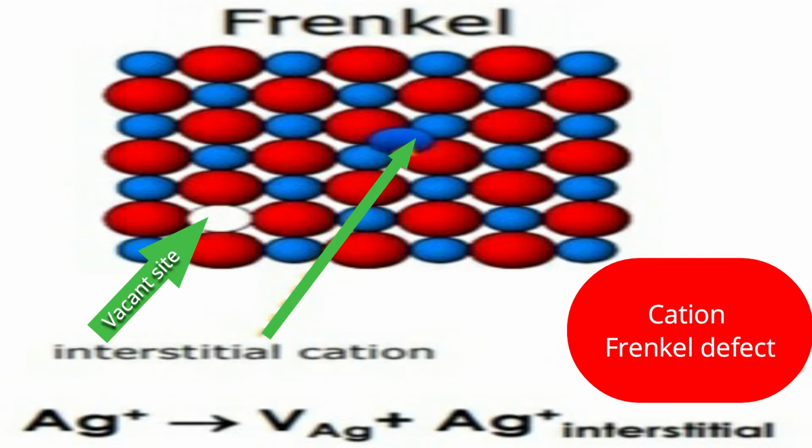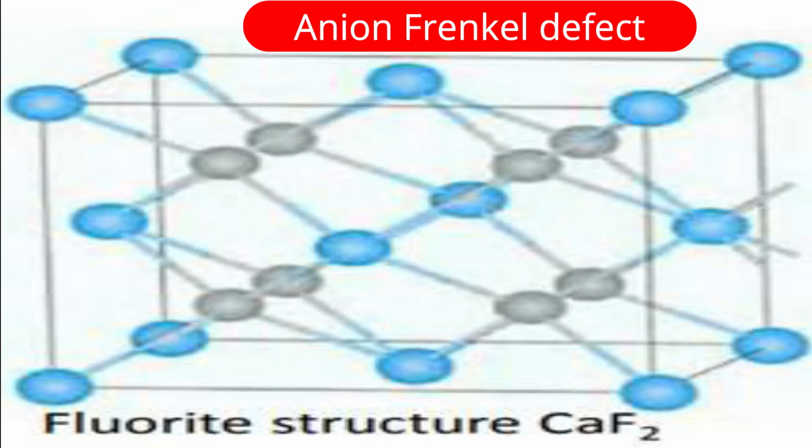Not only for cation, for anion also Frenkel defect is possible. I give you an example. This is one representative example of anion-Frenkel defect. It is a fluorite kind of structure. This structure is shown by other crystals also. Here the anion, that is the fluoride ion, occupies tetrahedral sites, and that fluoride ion can change position and go into an interstitial site.